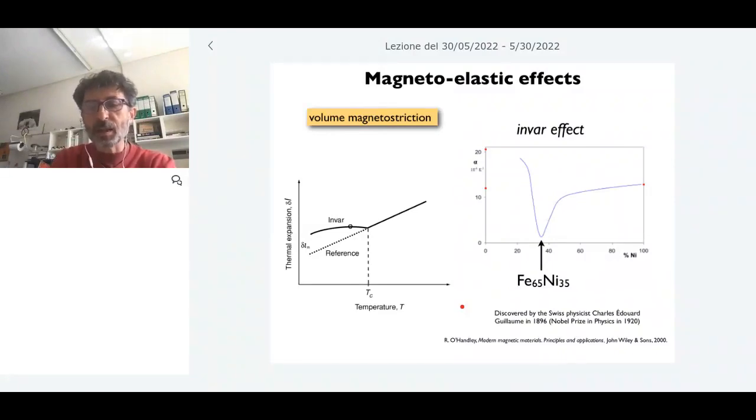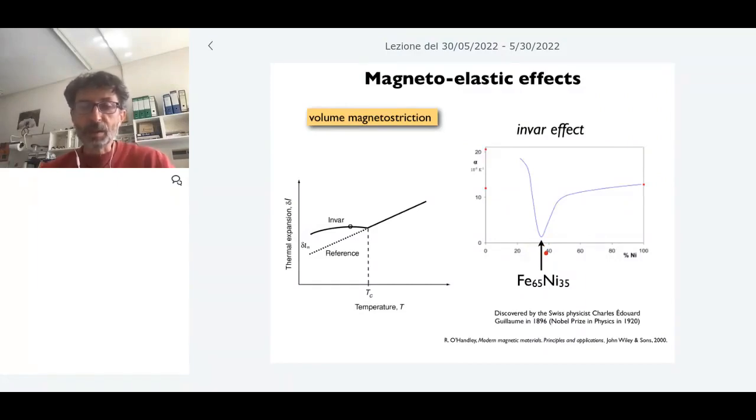And this is exactly the case of the specific iron-nickel alloy. If you take different materials with a series of compositions between iron, that is this plot here with 0 nickel at the left and full nickel at the right, and you look at the thermal expansion coefficient at room temperature in this case, you find that at a certain point, this thermal expansion coefficient goes to zero, or very close to zero.